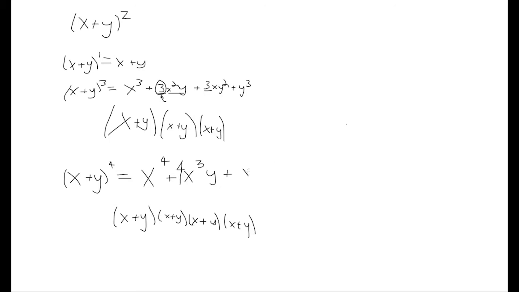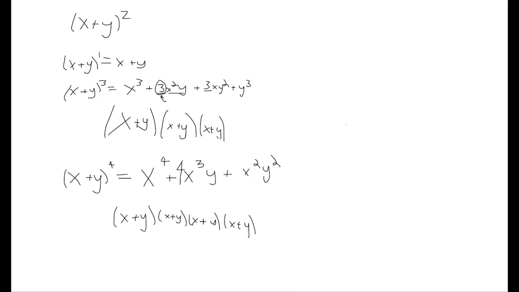What about x squared y squared? Well, we can use similar logic to what we used in the previous example. The number of ways to get 2 x's and then 2 y's is the same as picking 2 of these to be y's.